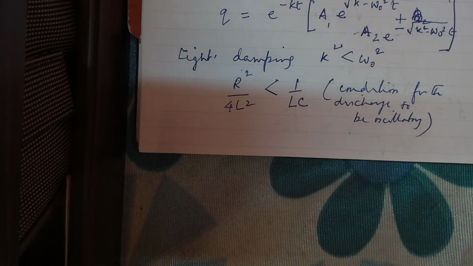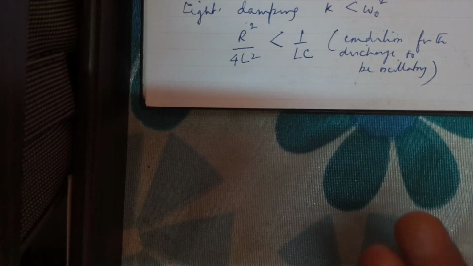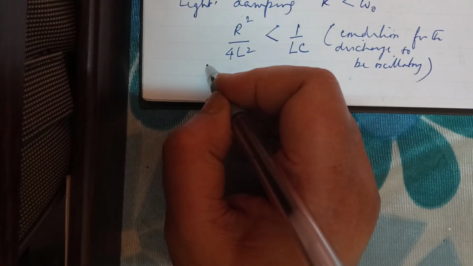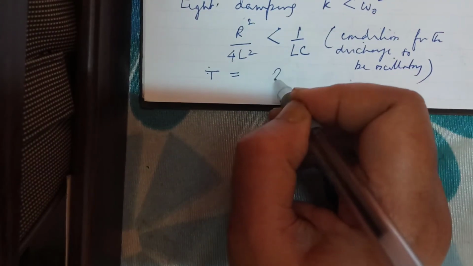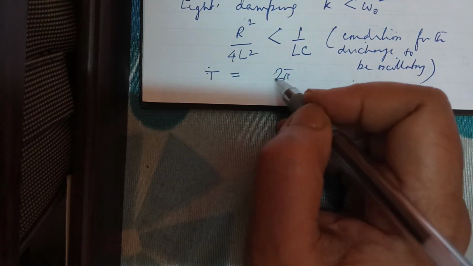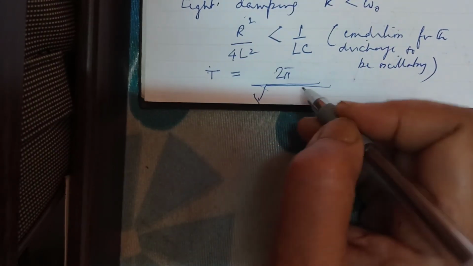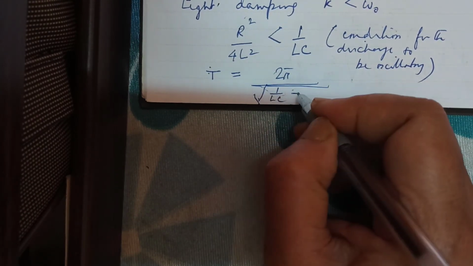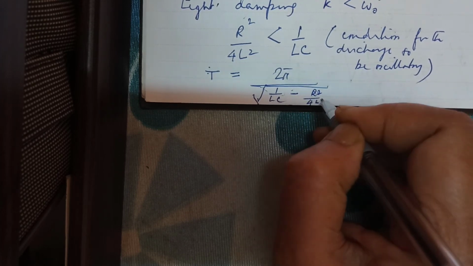Under what condition will it be oscillatory, or will it not be, if you're asked to check in a circuit. And you can show the well-known expression for the time period T. T will be equal to 2 pi square root of 1 by LC minus R square by 4L square.